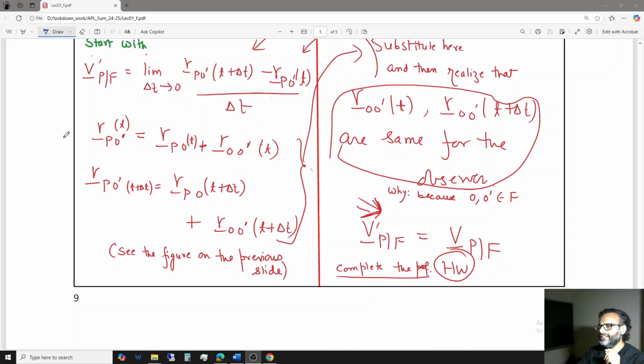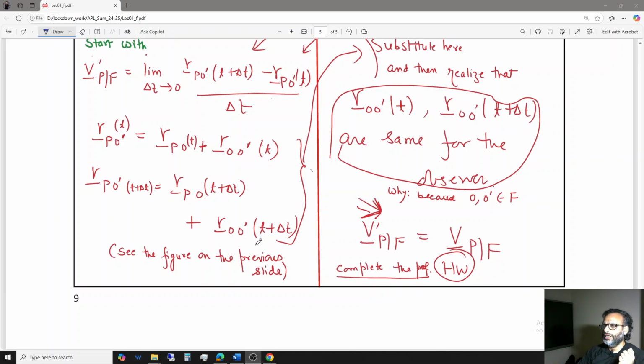If I can write this expression for time t, I can as well write this similar expression for time t plus delta t. So Rpo prime at t plus delta t will be Rpo at t plus delta t plus Roo prime at t plus delta t.